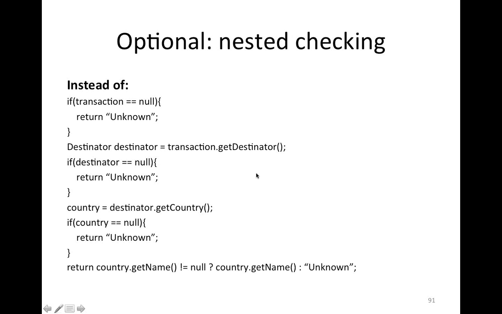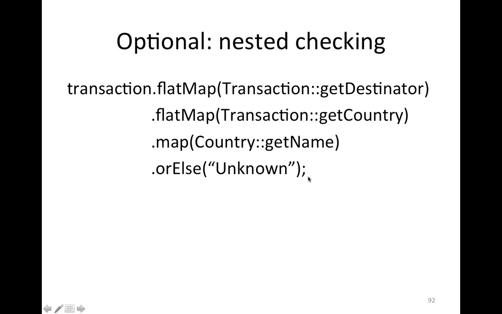So just to write a simple piece of code, which is, given a transaction, return the name of the country, we already have to write about 12 lines of code that involves null checking. This is very painful, and this affects the readability of your code. Using Optional, you can rewrite this code as follows by saying, given transaction, extract the destinator, then extract the country, and then finally return the name.